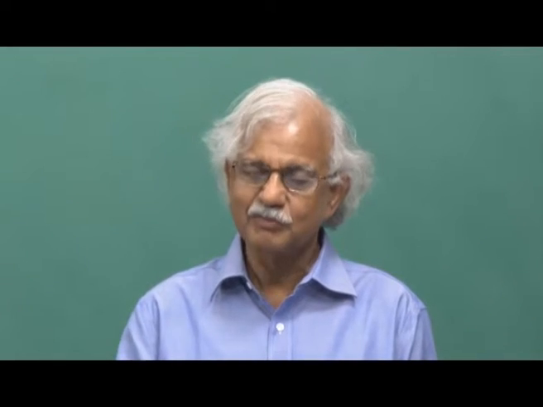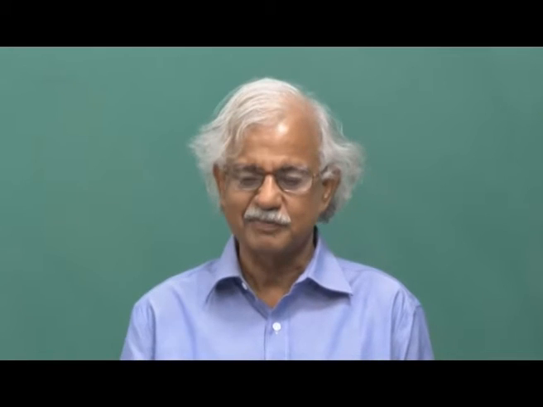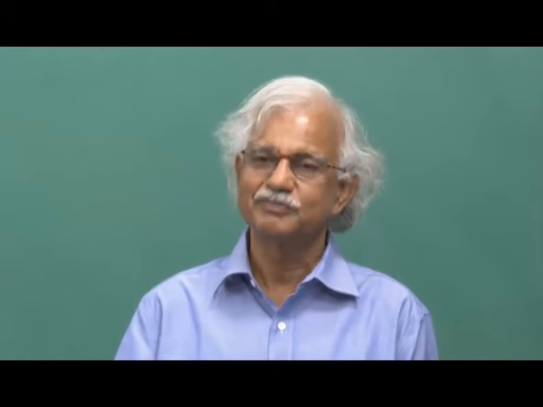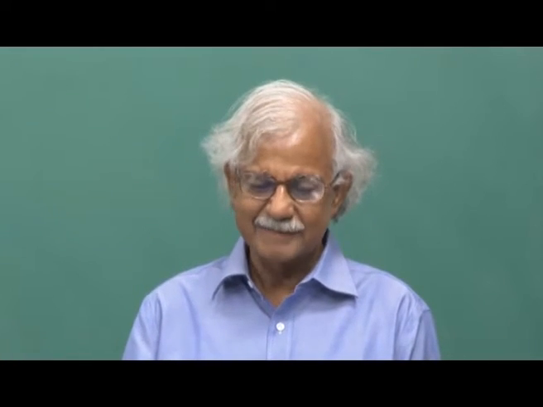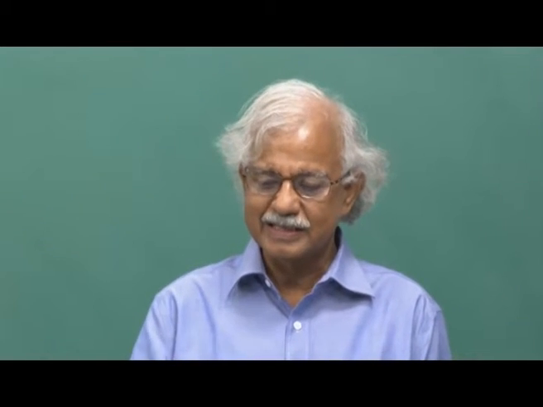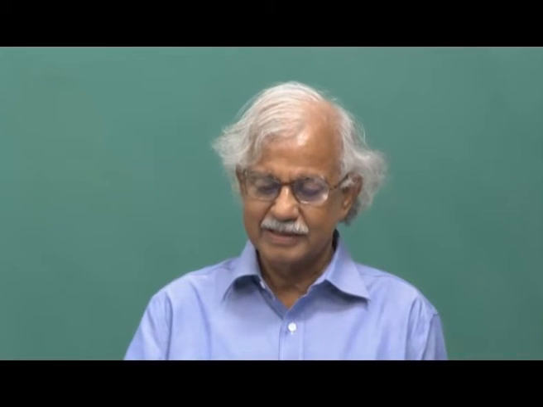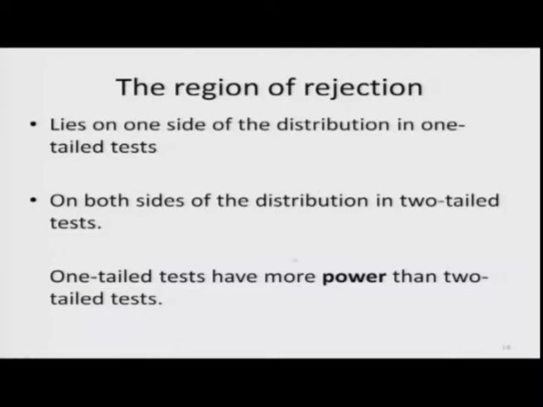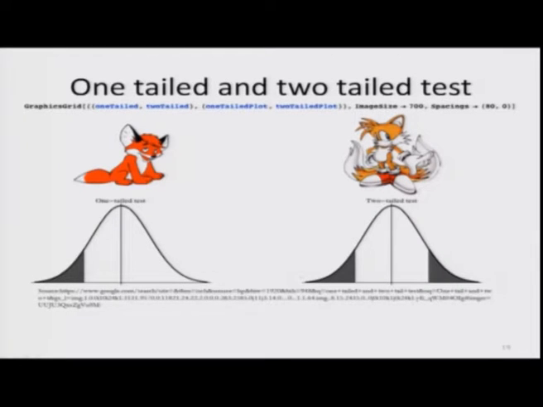More power means more probability of rejection of the null hypothesis, a desirable property of testing, when the critical region is defined on one side of the distribution only, that is, a one-tailed test. A one-tailed test is more powerful than a two-tailed test.